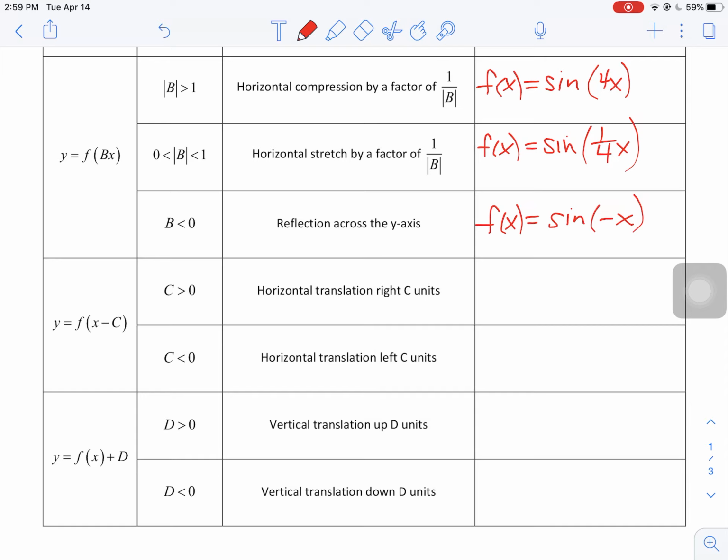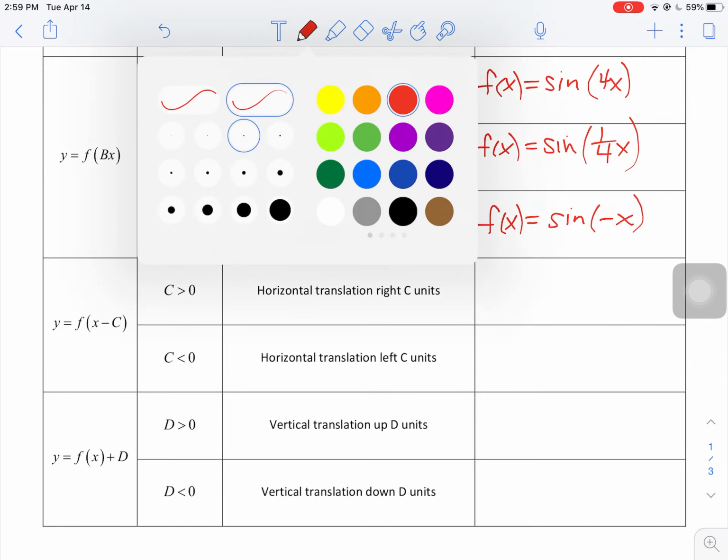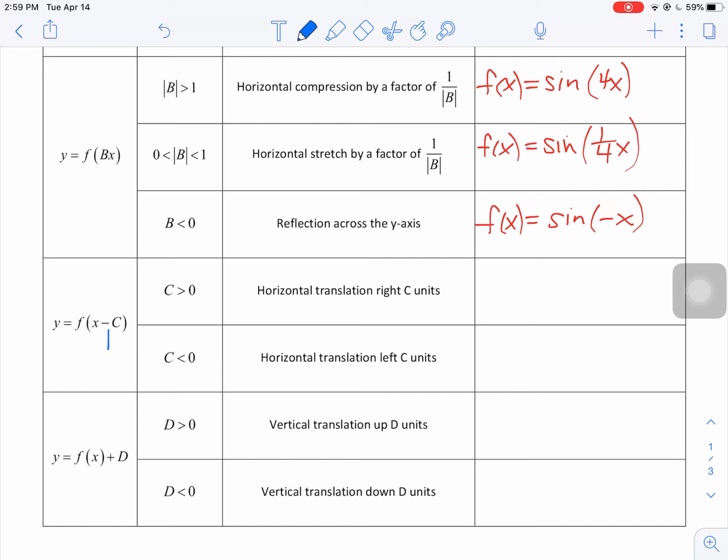The c value is inside the parentheses after the x. It's either being added or subtracted from the x value. You'll notice built into the function there's a minus sign. So that's why the horizontal translations are always the opposite of what we think they should be.